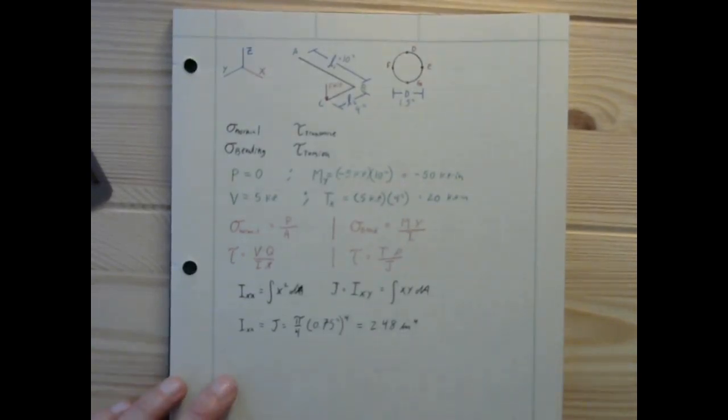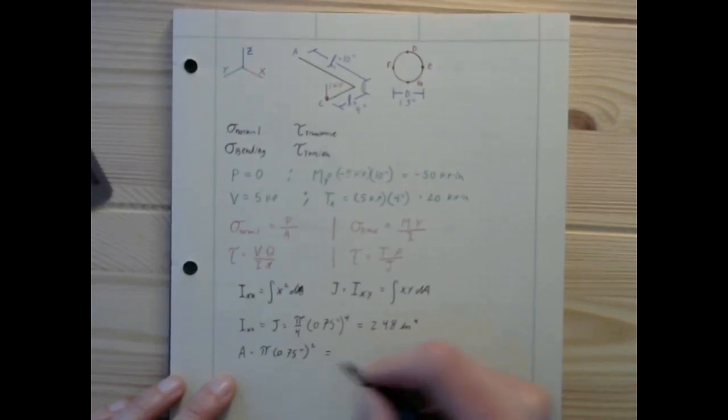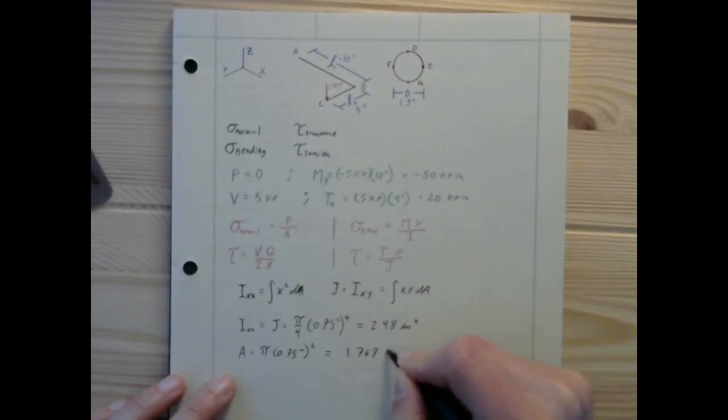And we're similarly going to want the area, which is going to be pi times 0.75 inches squared, and that's going to be 1.767 square inches.